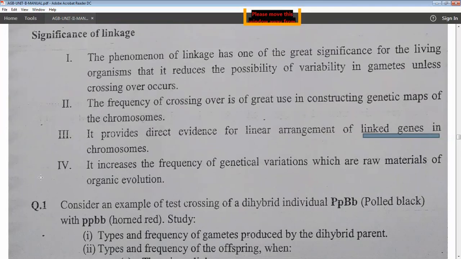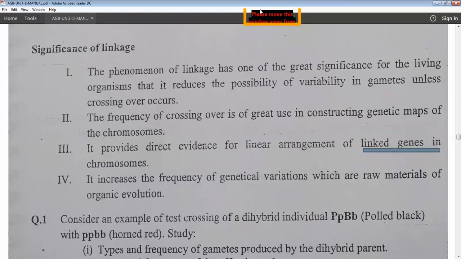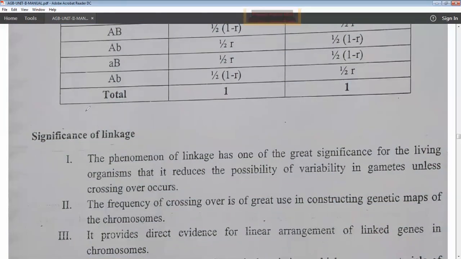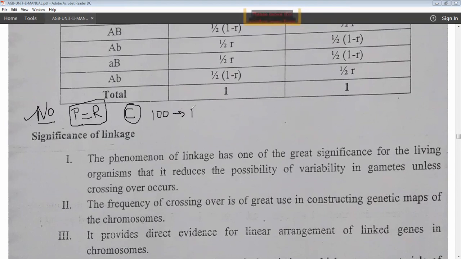Before solving these numericals, you just have to remember that if there is no linkage, then the proportion of P is equal to the proportion of R. If the linkage is complete, then 100% of the population will be of parental forms.